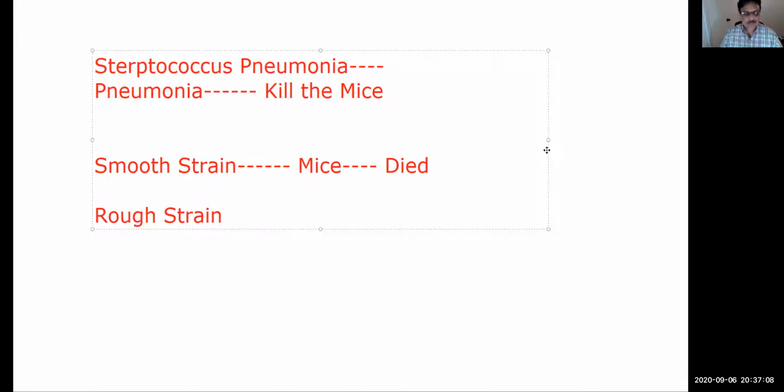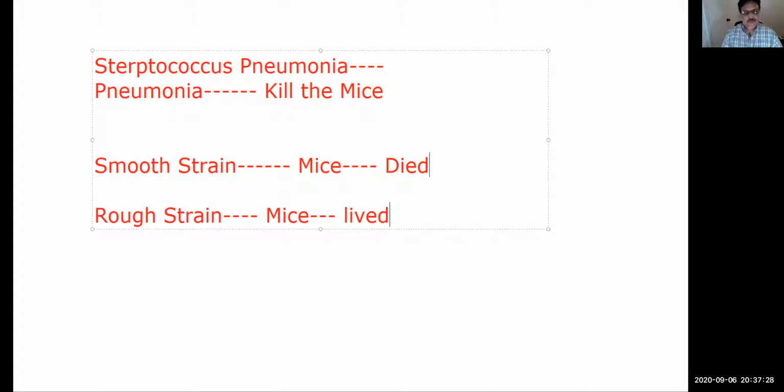Now, if he took the rough strain, the mice lived. Mice did not die.